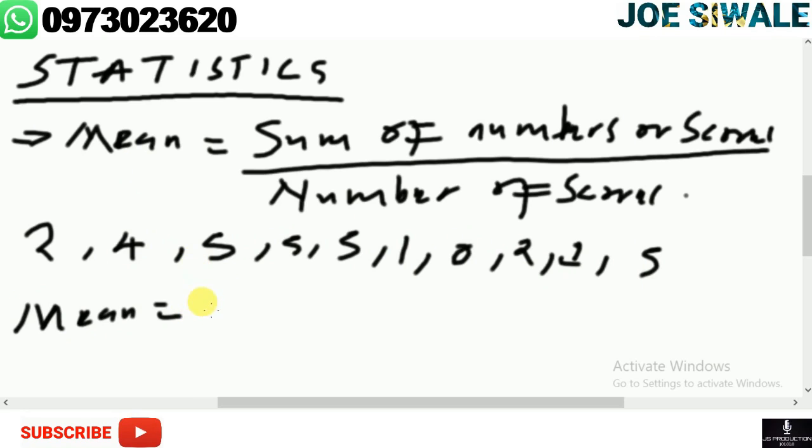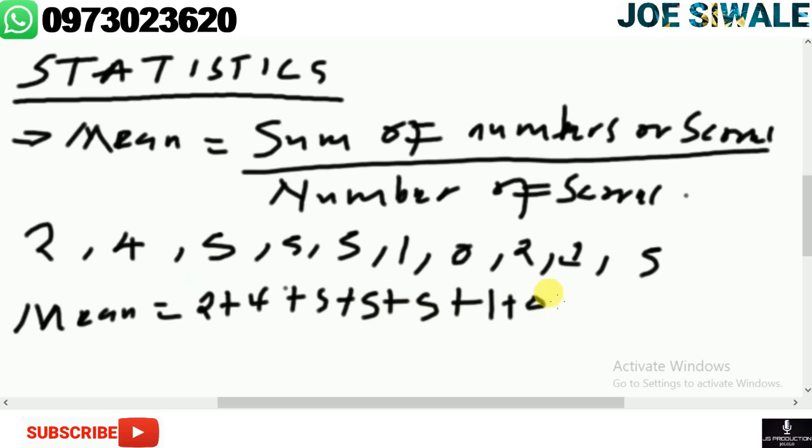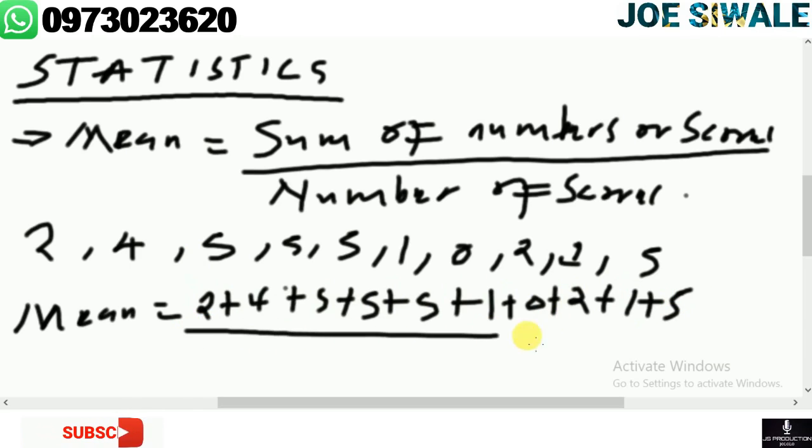So our sum, we're going to say 2 plus 4 plus 5 plus 5 plus 5 plus 1 plus 0 plus 2 plus 1 plus 5 divided by the number of scores that have been given. So 1, 2, 3, 4, 5, 6, 7, 8, 9, 10. Divide by 10. And if you add all those numbers, the answer is 30.